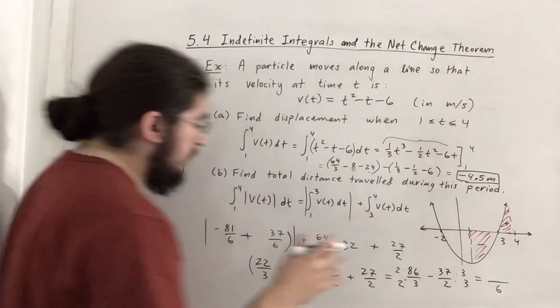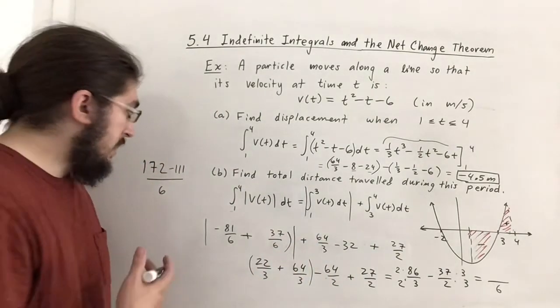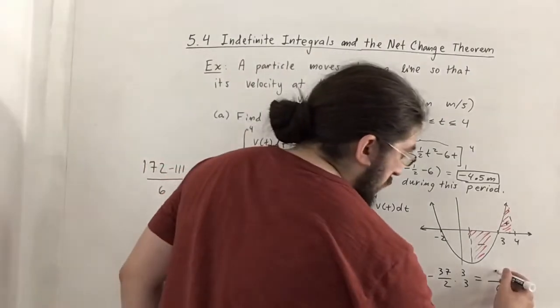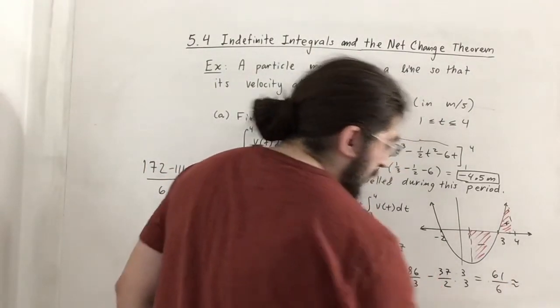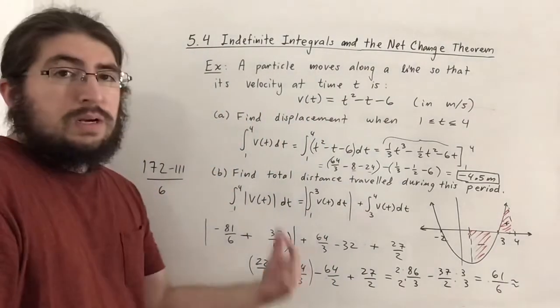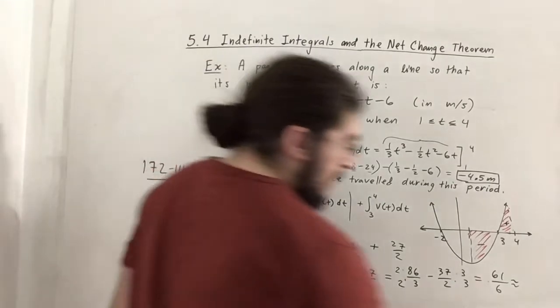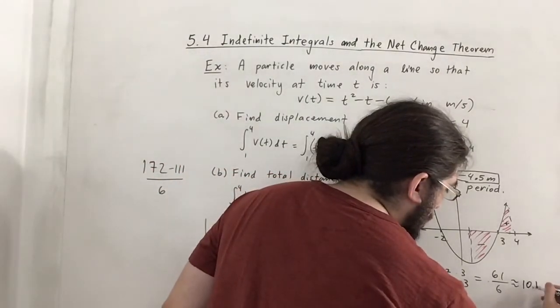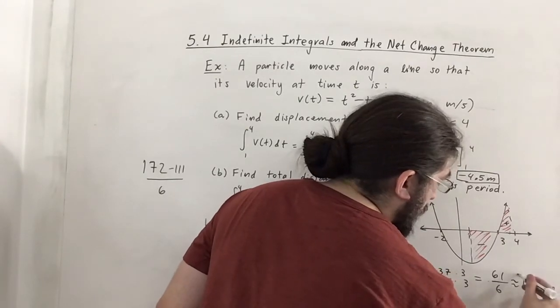So it's going to be all over 6, and 172 minus 111 is just, well, 61. So it's 61 over 6, or if you want to approximate this, it's 60 over 6 and 1/6. 60 over 6 is 10, so this is 10 and 1/6, or 10.17 if you round. And that's going to be in meters. Awesome.